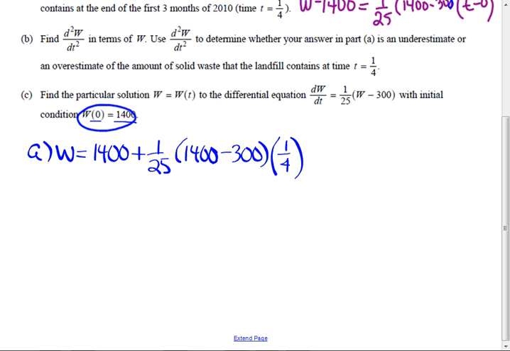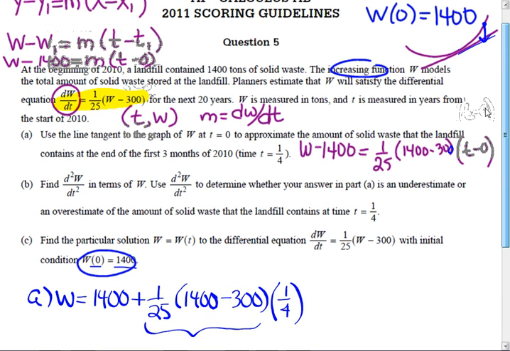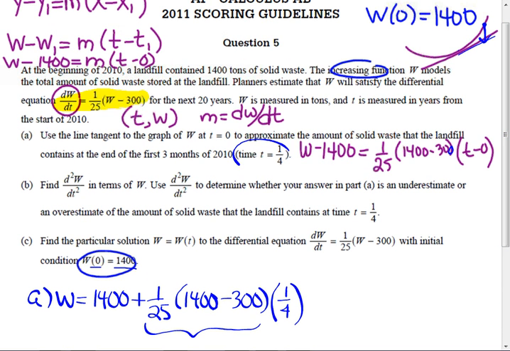Now, that's good enough, by the way. But what's happening to the waste? It's increasing. This is the slope. That is the slope. And then there's your t value. And it says t equals 1/4. You might have to read it a couple times.